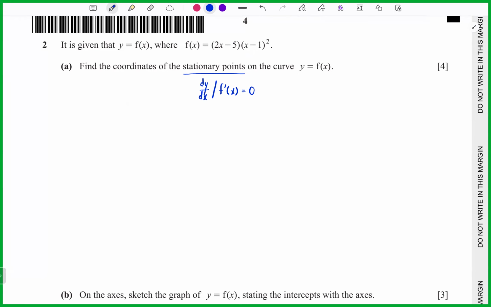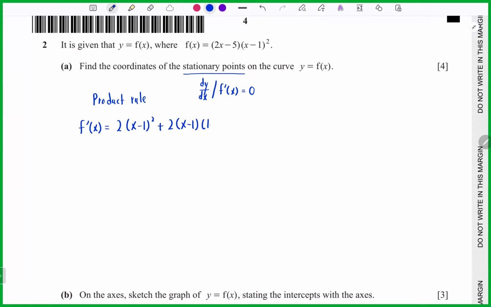So you can write f prime of x equals: I differentiate 2x minus 5 and you will get 2, and then you copy back (x minus 1) squared. Here I write product rule, plus (2x minus 5), then differentiate (x minus 1) squared to get 2 bracket x minus 1.